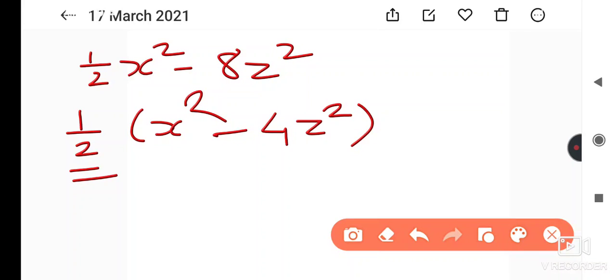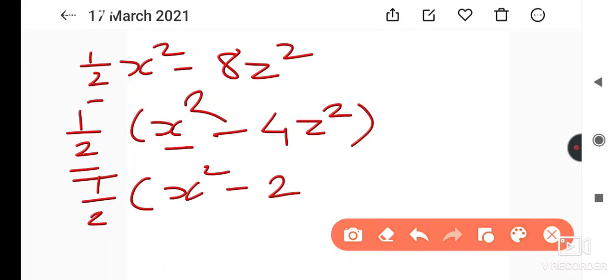Understand what I did here? Half I took outside. So from this term half has gone outside, and here 8's half is 4, that I wrote here. And here now what do we get? Here we get square terms. So 1 upon 2 right here as it is, and here x square minus 4 square, where 4 is the square of 2z bracket square.